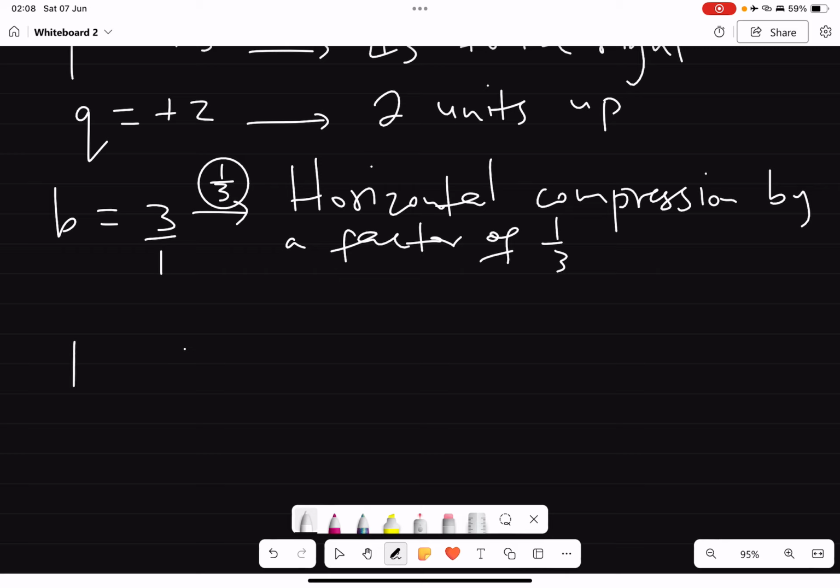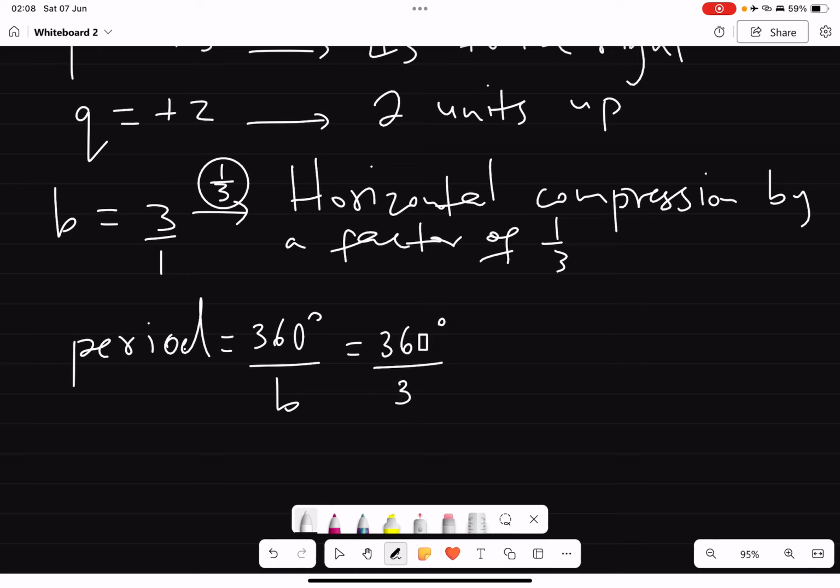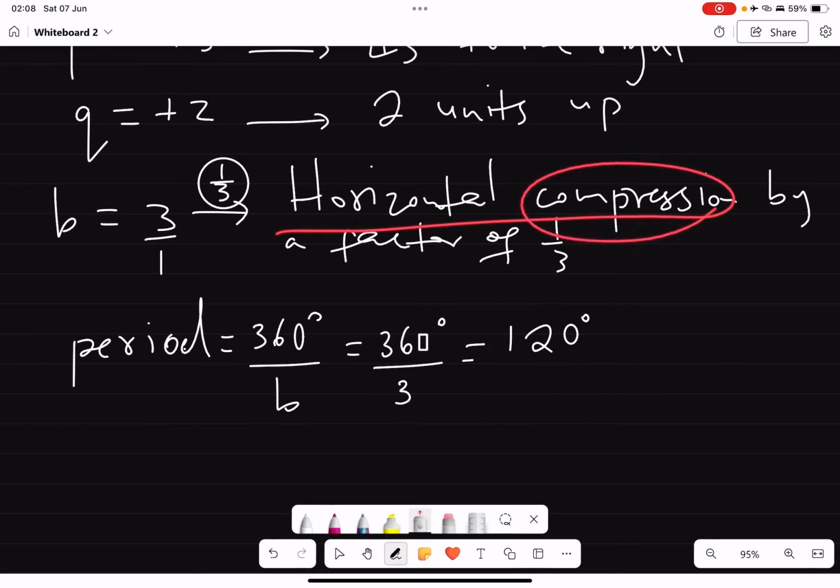The period is going to be 360 divided by B, which is 360 over 3, which is 120 degrees. Original mother graph period is 360. The graph's period that we have is 120. We can see that indeed we had a horizontal compression.